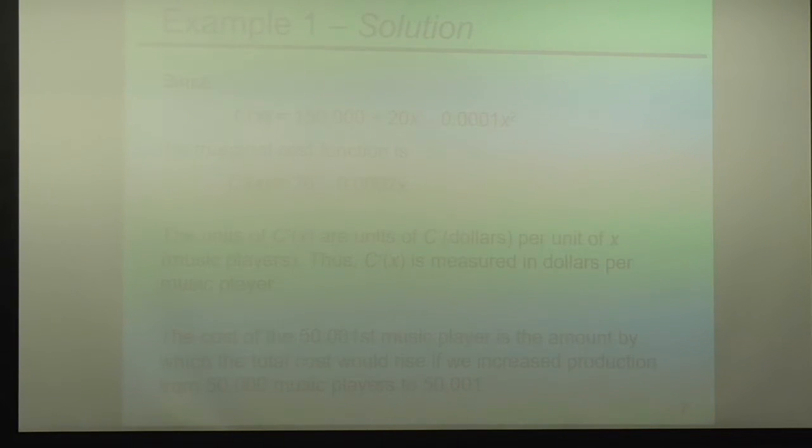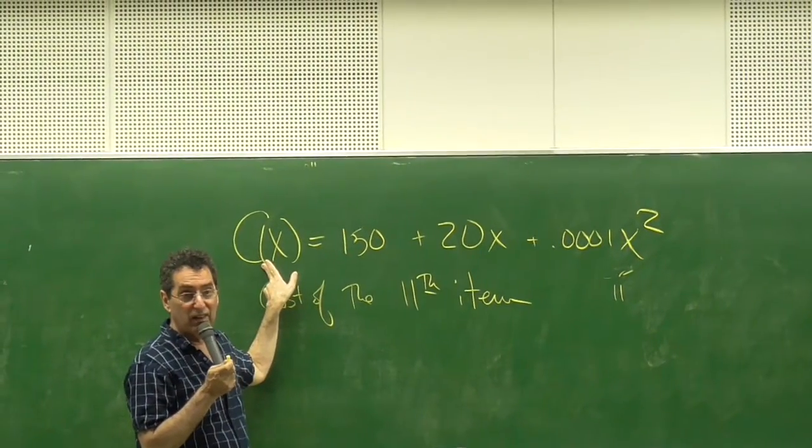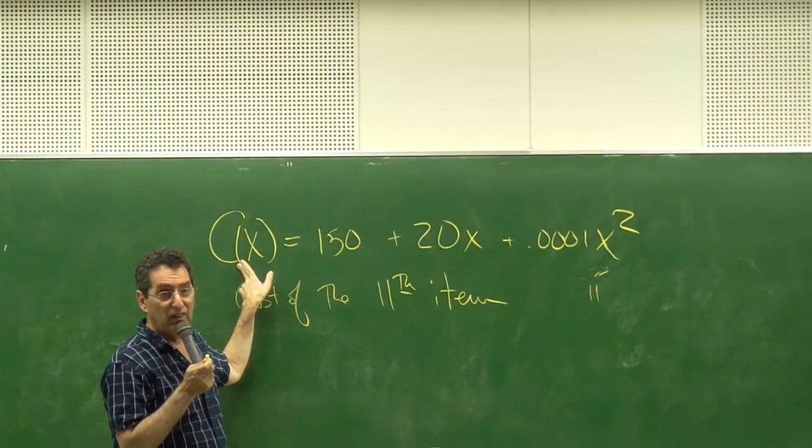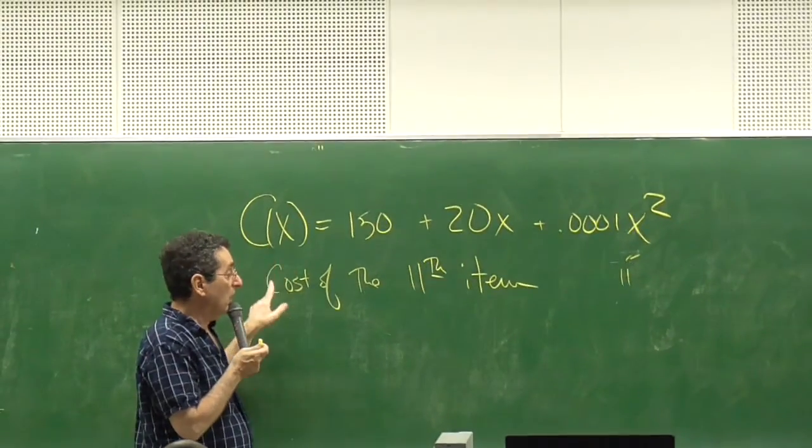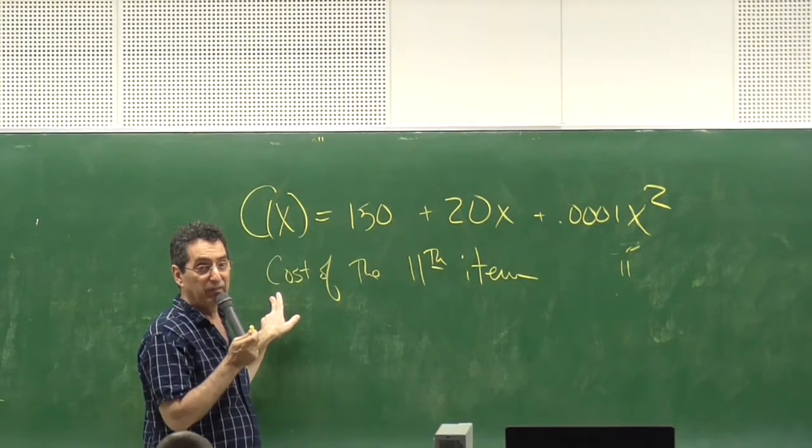That's not what this tells me. That would tell me the cost of producing a total of 11 items, not the 11th item. Okay, this is a total cost, but I want the cost of the 11th one.